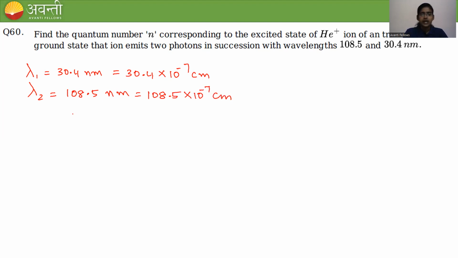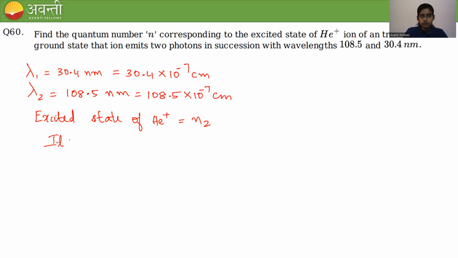Now the excited state for helium plus can be taken as n2. So it comes from n2 to n1 and from n1 to 1, that is the ground state.